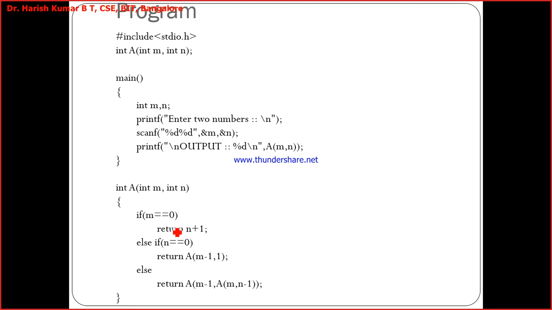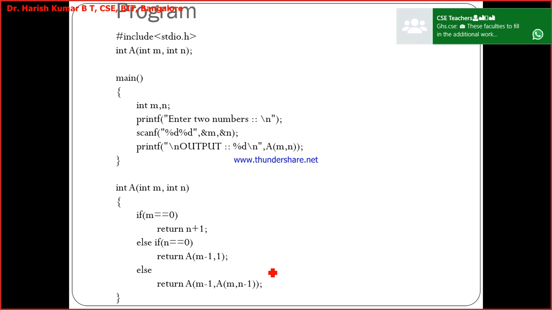If both m and n are greater than 0, we recursively call the same function with the first argument as 1 less than the previous value, and the second argument is again a recursive call, A of m comma n minus 1. This is the complete implementation of the Ackermann function.